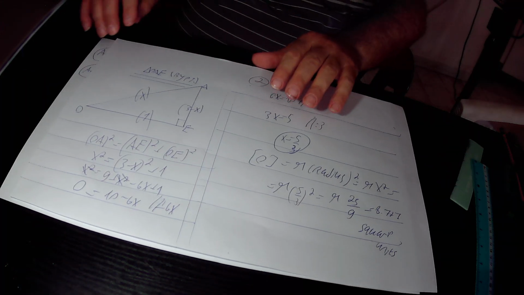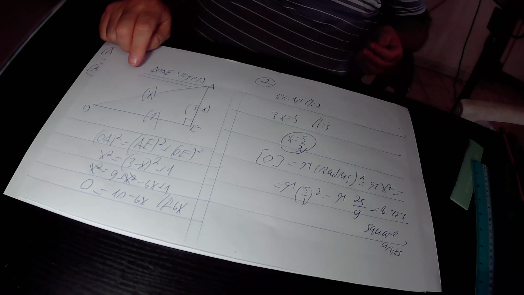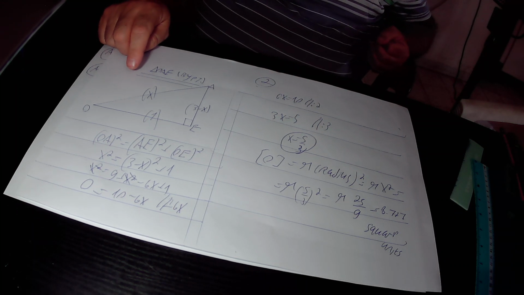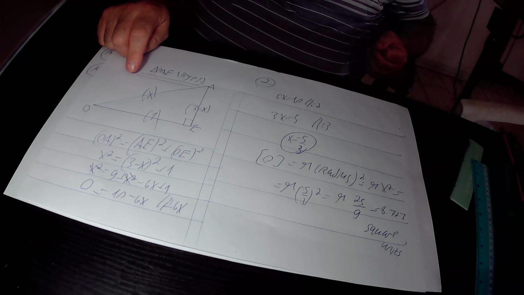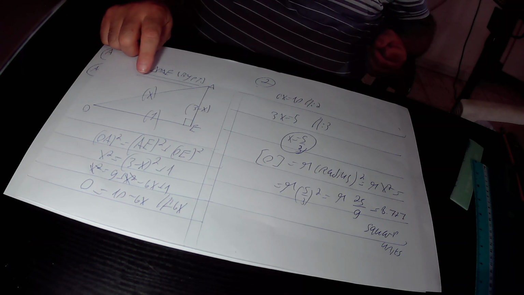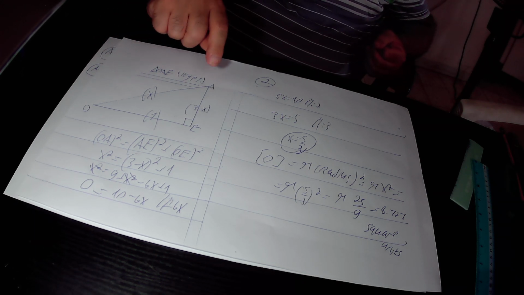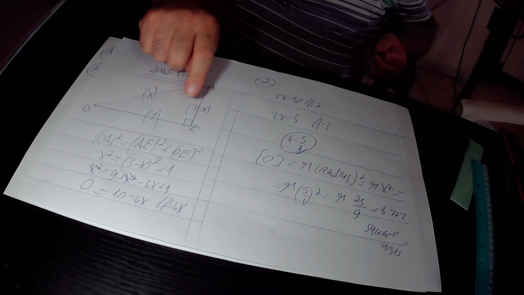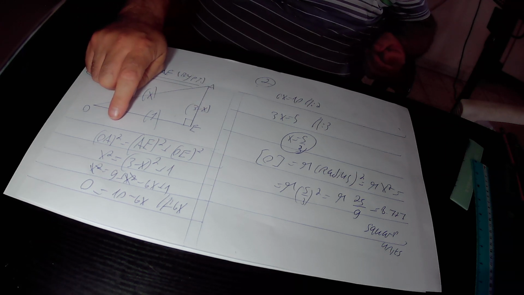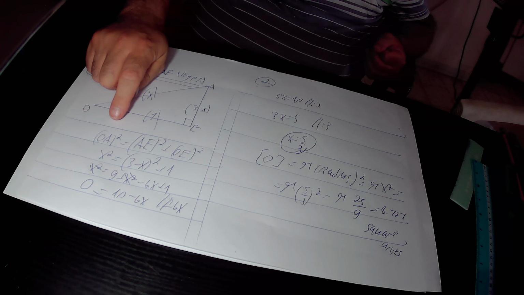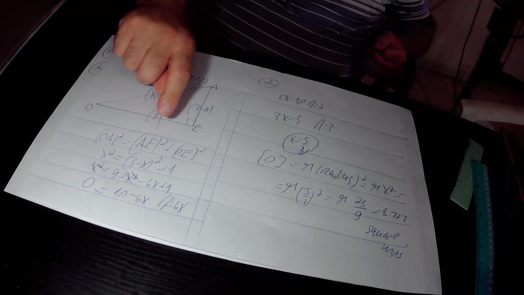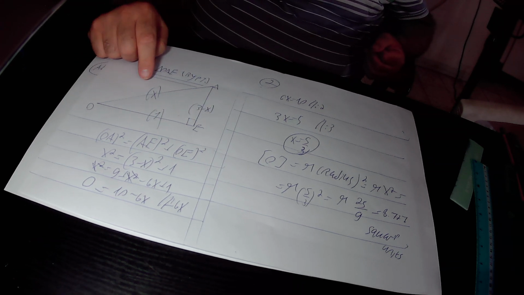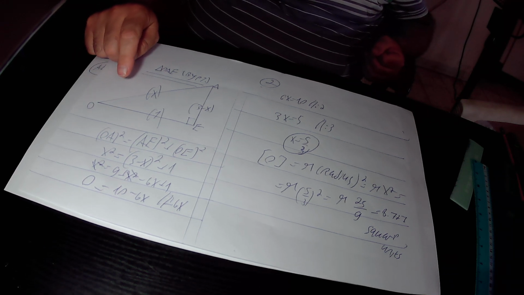According to the Pythagoras theorem, in this right triangle OAE, OA square equals AE square plus OE square. OA is x, therefore OA square is x square, and it is equal to AE square.